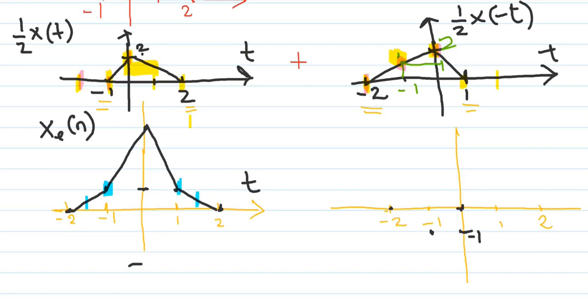Now at 1 this is 1 and this is 0, so 1 minus 0 is basically equal to 1, so at 1 I will get some point, for example this, let's assume this is 1 here.